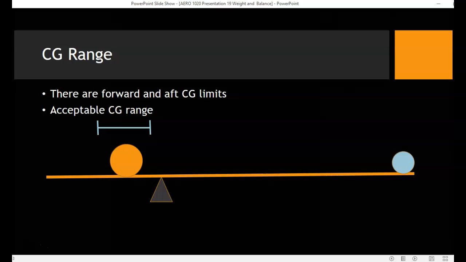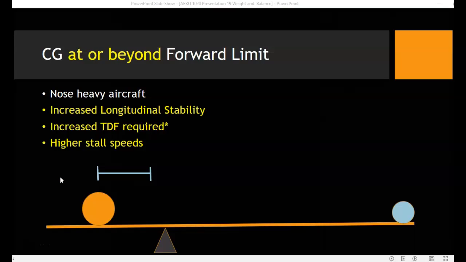There's a forward limit and an aft limit, and within that limit is the acceptable range for the center of gravity. If an aircraft's center of gravity is at or beyond the forward limit, you have a nose-heavy aircraft. However, that aircraft is also very stable because the arm from the center of gravity back to the tail downforce is longer.